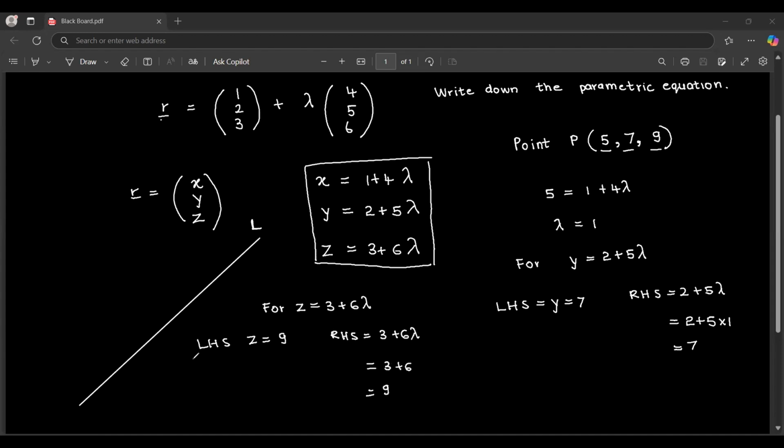Since RHS is equal to LHS, z equals 9 also follows the parametric equation z equals 3 plus 6 lambda. Therefore, point P must be a point lying on line L. So this is how you can use parametric equations.